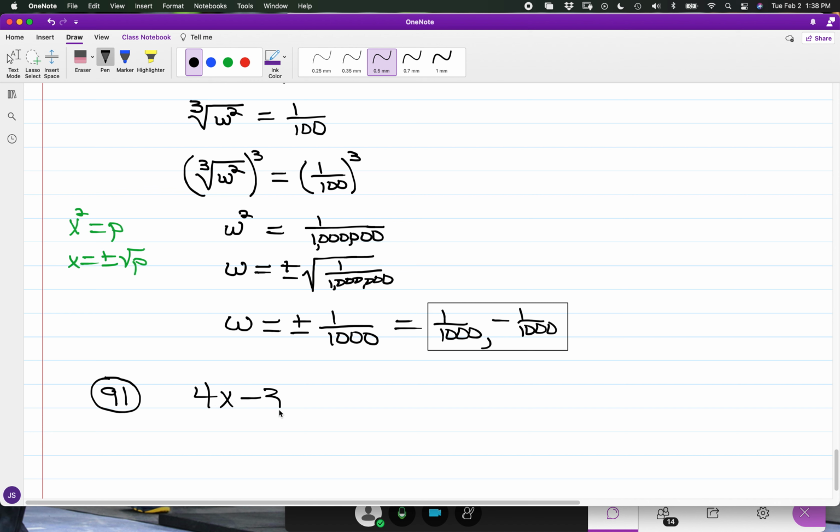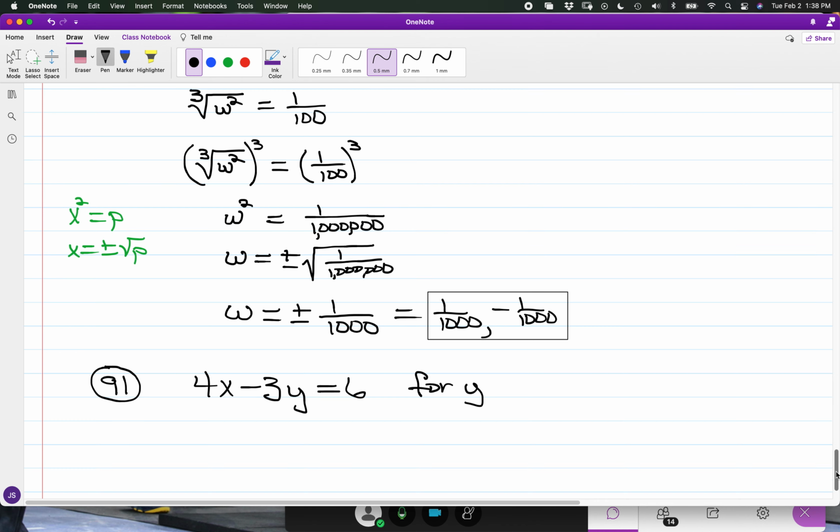We're looking at trying to express this in terms of a specified variable. So you're looking at expressing 4x minus 3y equals 6 in terms of the variable y. And what this means is that we get this equation in the form of y equals.